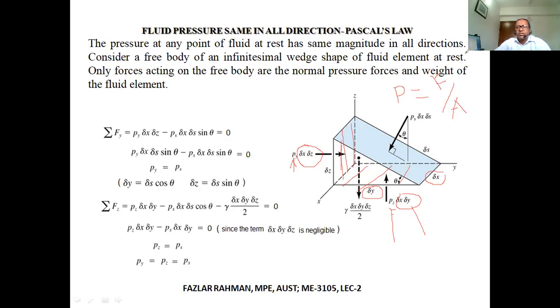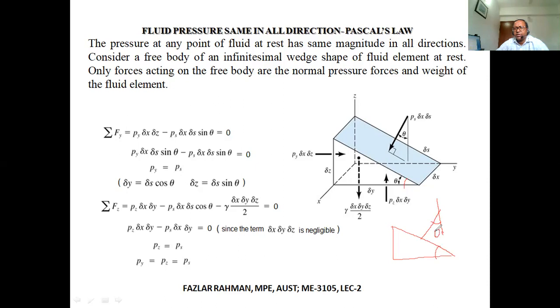Okay. Now, on the inclined surface, pressure also works perpendicular to the surface. This surface is inclined with angle theta, inclined with the horizontal axis. If you make a triangle, this angle is 90 degrees, right? This is theta, and this will also be theta, with the vertical axis.